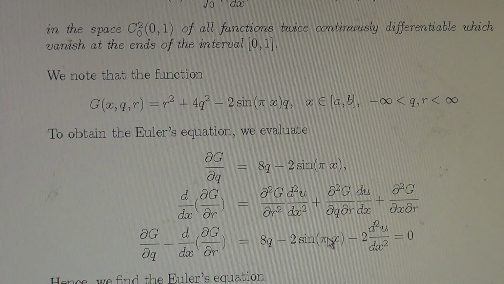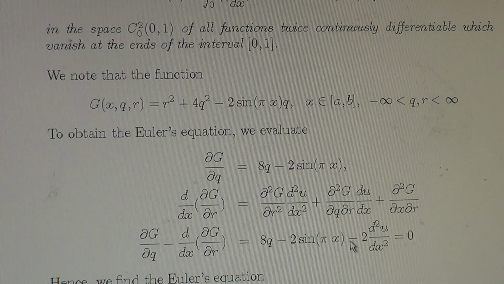This coefficient, the second derivative with respect to r of this function, evidently is 2, because the first derivative with respect to r is 2r, and the second will be the constant 2. This is independent of r, it will be 0.